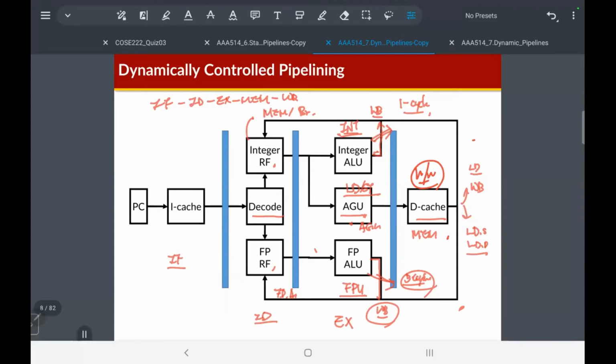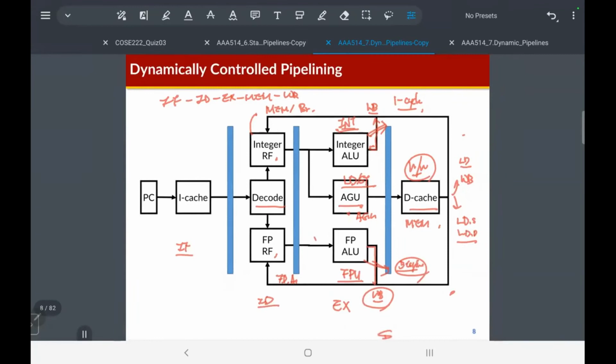What I want to say is that every processing engine or every stage may have various cycles. It means various delays.